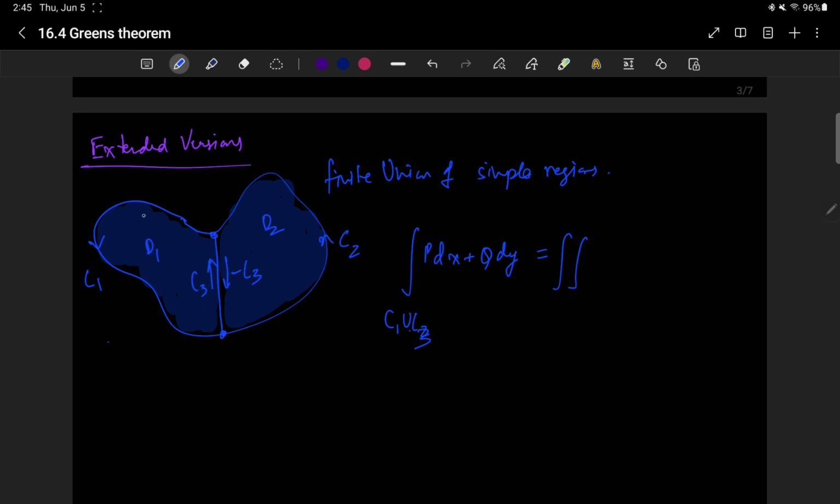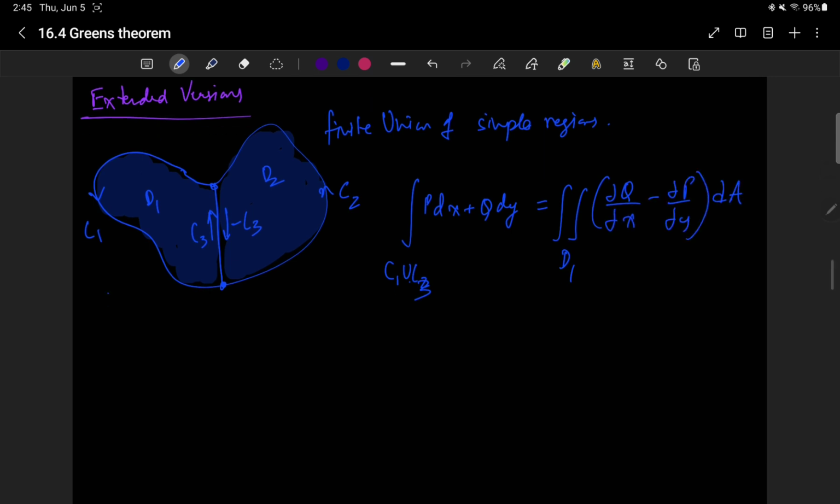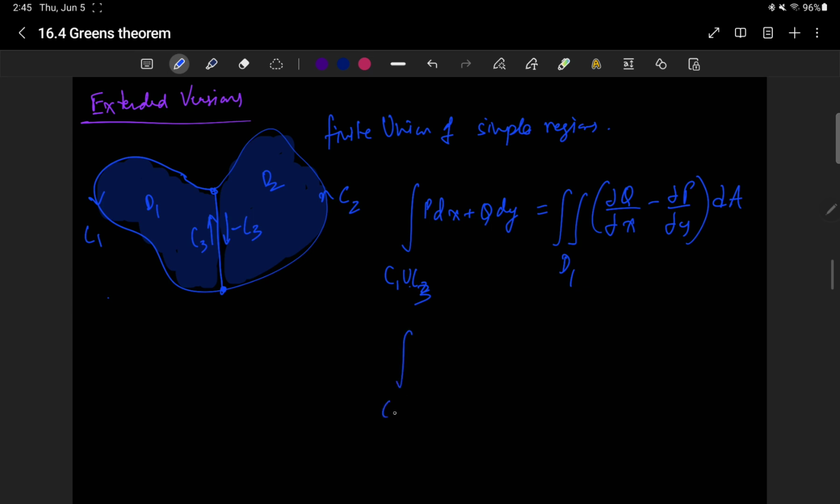So C1 union C3 becomes one closed curve, which will correspond to the double integral on the closed region D1, and the line integral over C2 union negative C3 that encloses the region D2 will equal the double integral over D2 in Green's theorem.